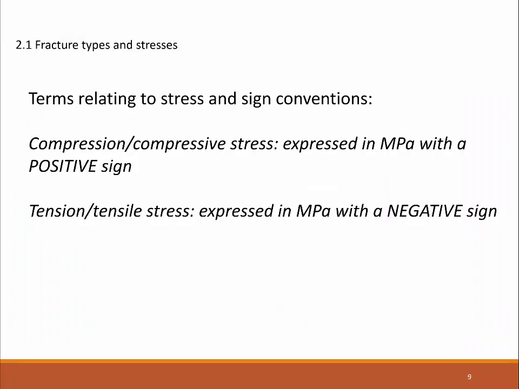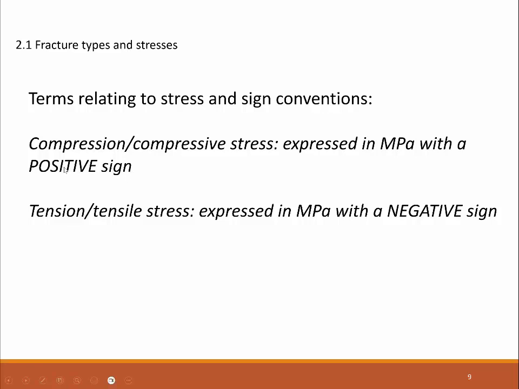Terms relating to stress and sign conventions are important for the Mohr stress diagram. Compressive stresses are usually expressed in megapascals, and they are given a positive sign. This is not a positive sign in the mathematical sense.